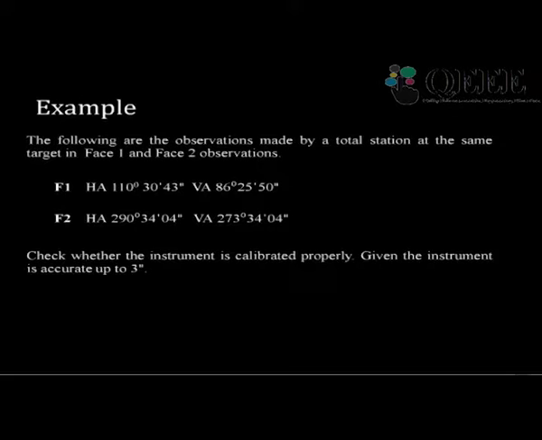Now, as I told you, you have to check whether the criteria are satisfied based on these measurements. The sum of the vertical angles should be 360 degrees and the difference of the horizontal angles should be 180 degrees. Let us say that when you purchase the instrument, the manufacturer says the angle accuracy is up to plus or minus 3 seconds, so we can check whether your obtained angles are within those 3 seconds or not.